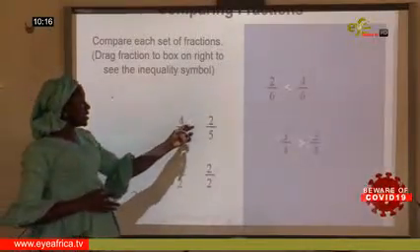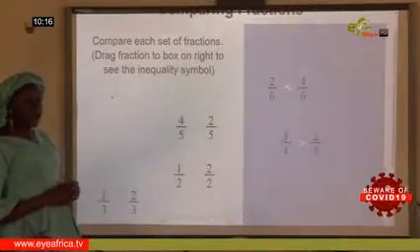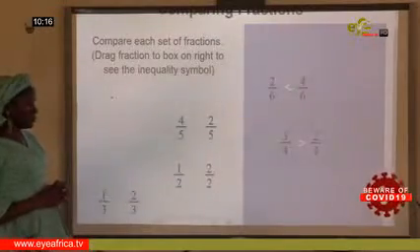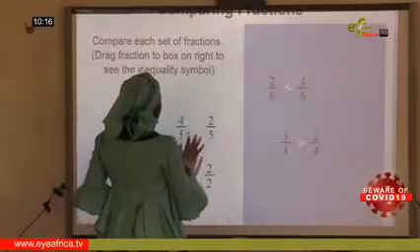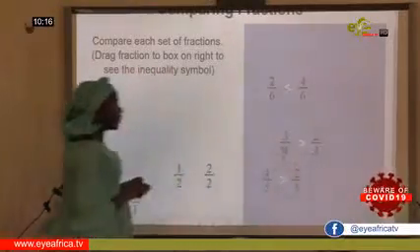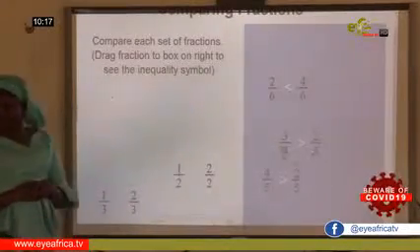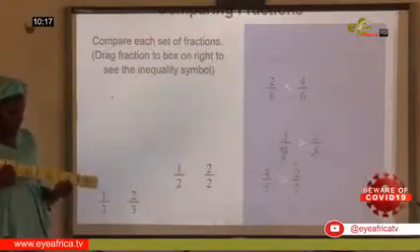Or is it equal to 2/5? Before I drag it to the box to tell you the answer. Now let's move it. Wow, 4/5 is greater than 2/5.